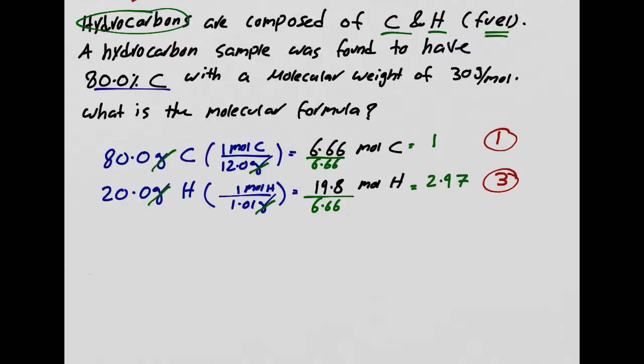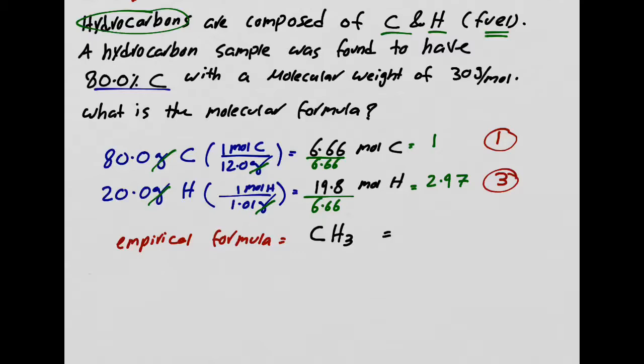Okay. Now what that means is, what is my empirical formula? That means my empirical formula is C1H3. CH3 is my empirical formula. Okay, now to get to the molecular formula, I'm going to calculate the molecular weight of CH3.